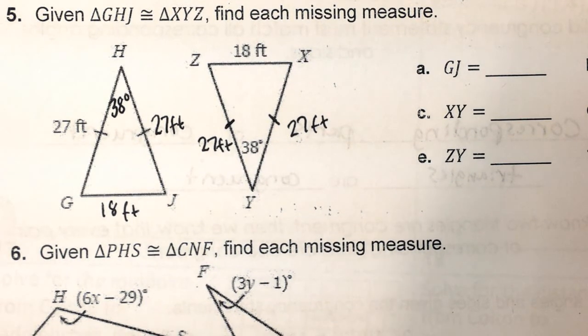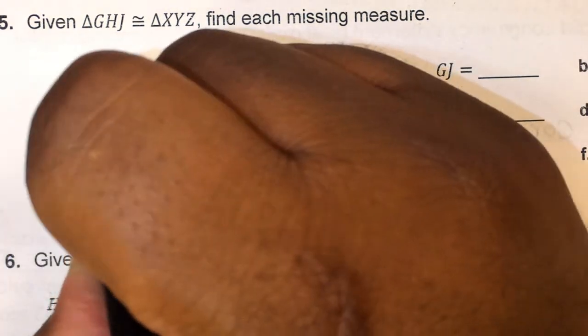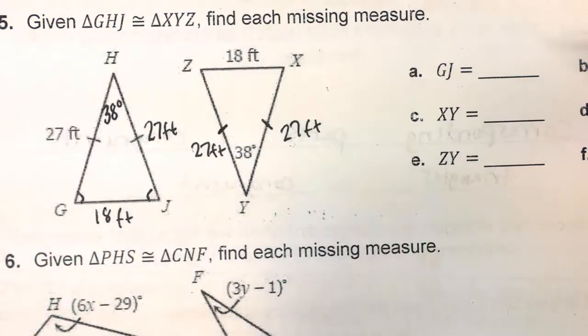And then angle G and angle J. How we gonna find those? This is isosceles triangle theorem. Subtract 38 degrees from 180, divided by 2. Good. We should all already know that because we know our base angles in isosceles triangles are congruent.